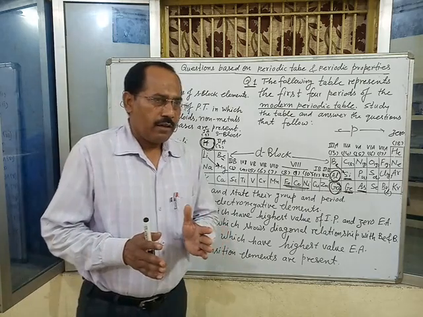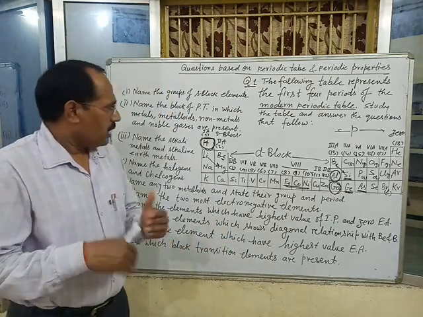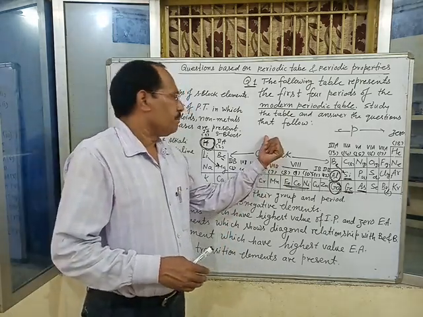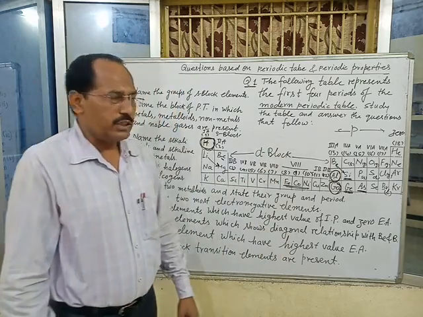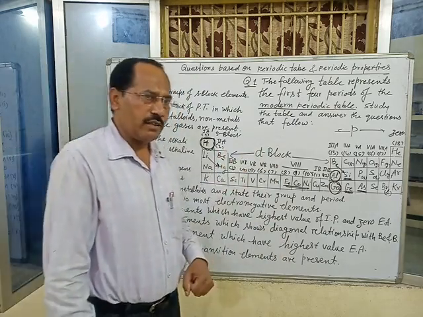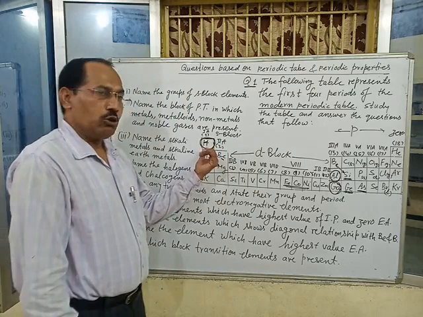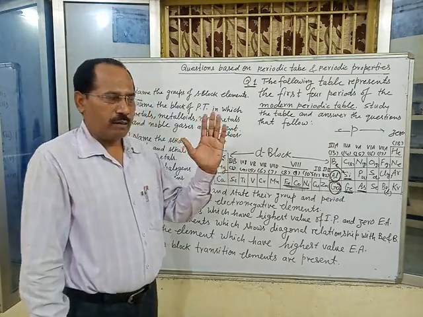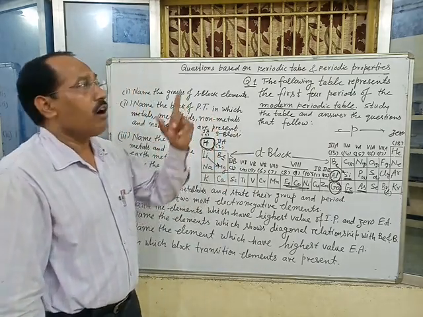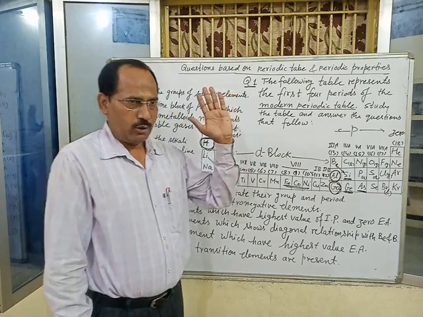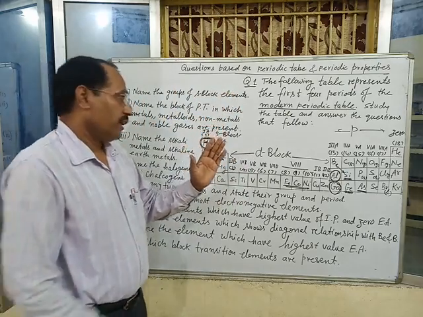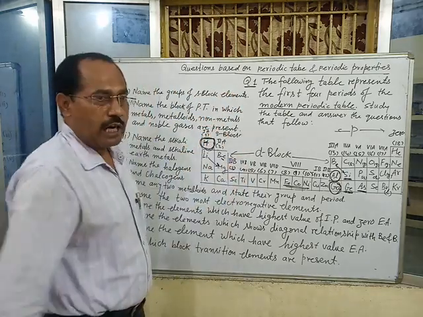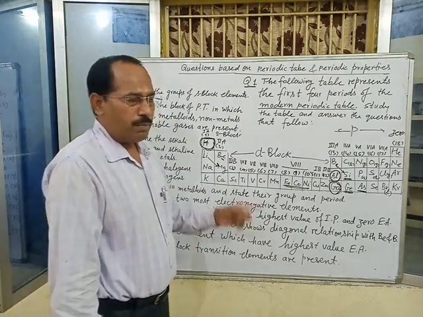What is the drawback of this periodic table? Place of hydrogen is one of the important drawbacks of all the periodic tables. No periodic table clearly decides the position of hydrogen at one place.